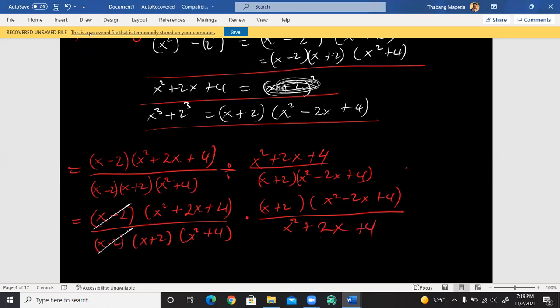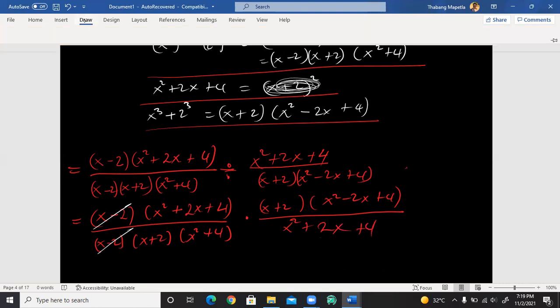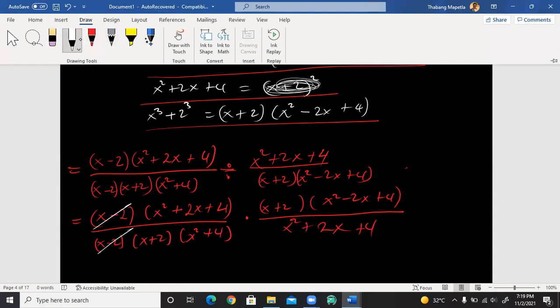So then on this page, this cancels with that. I hope you saw all the corrections. But at the end of the day, your thing after expansion should look like this. It should be x minus 2 times x squared plus 2x plus 4 over x minus 2 times x plus 2 times x squared plus 4. Everything multiplied by this portion.